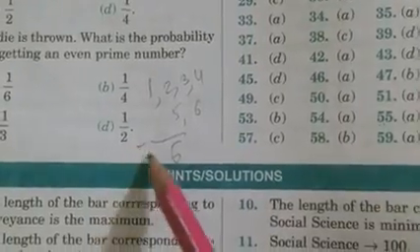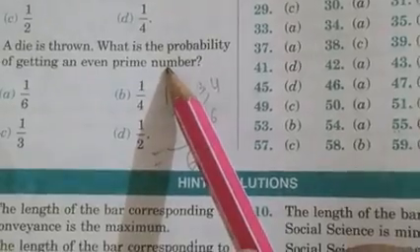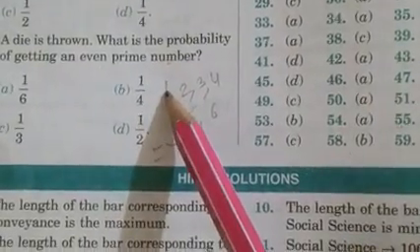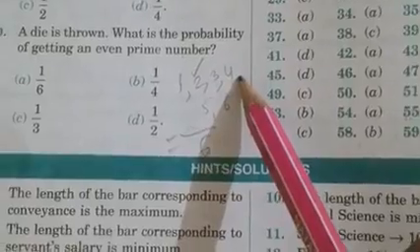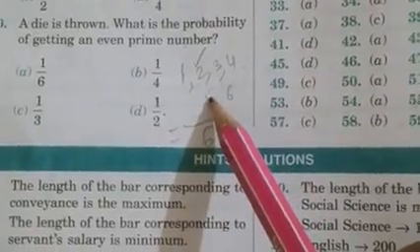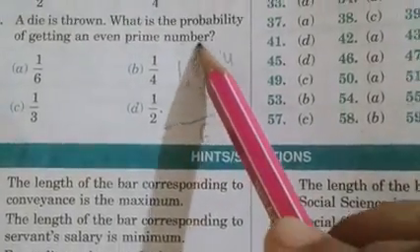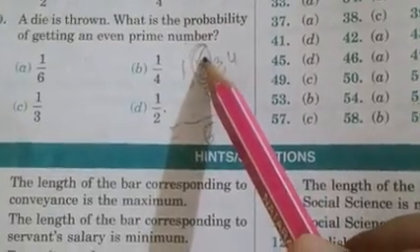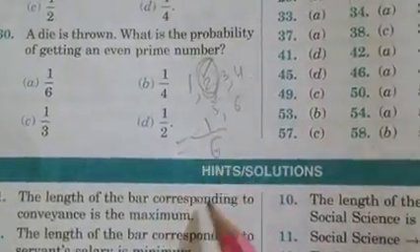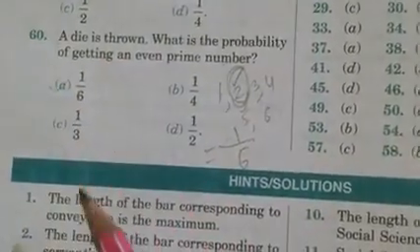Now we want an even prime number. 1 is not even. 2 is even. 3 is not even. 4 is even, but 4 is not prime. 5 is not even. 6 is even, but not prime. Then prime and even is only 2. How many numbers are there? 1 number. Then 1 upon 6 will be the answer, and 1 upon 6 means option A.